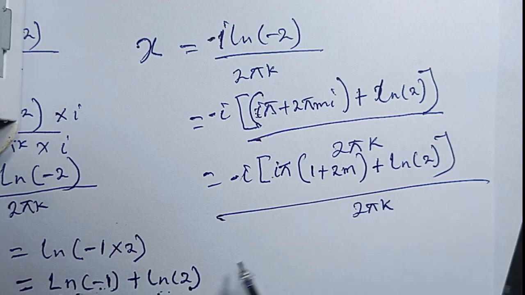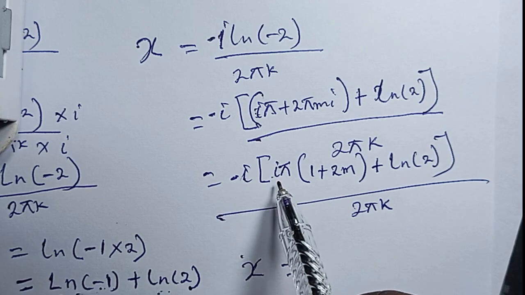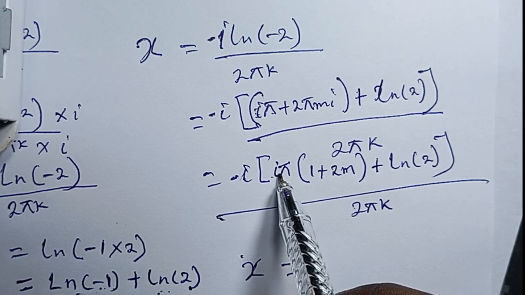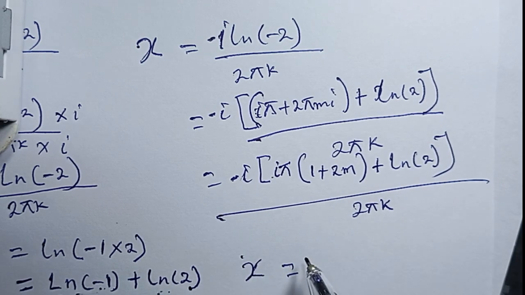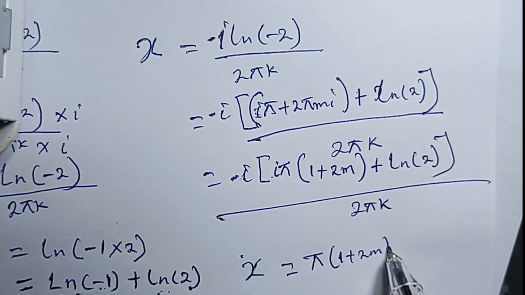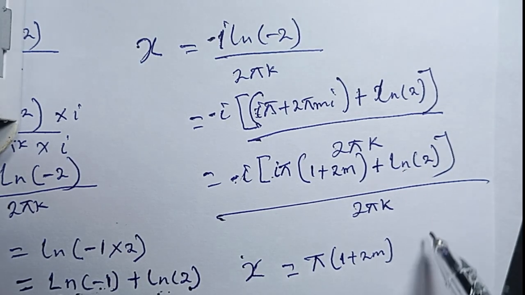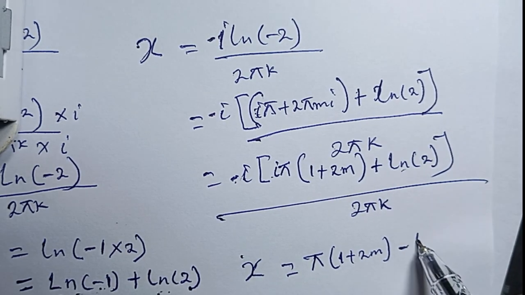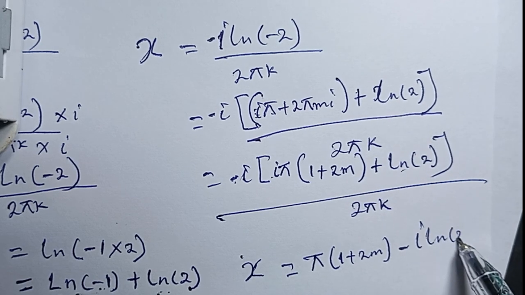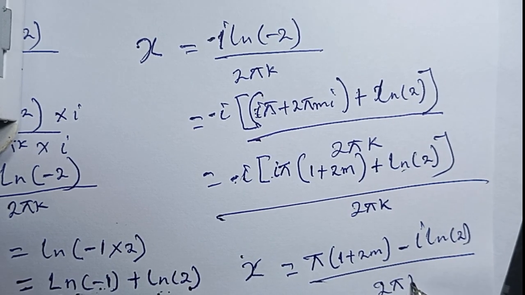So if I use this now to multiply this, my solution is actually going to be equal to, when this i multiplies this, I'm going to be having minus 1, and minus 1 times minus here is plus, so that I have pi times 1 plus 2m, and then of course when this minus i multiplies natural log of 2, I'm going to be having negative i natural log of 2, all divided by 2 pi k.